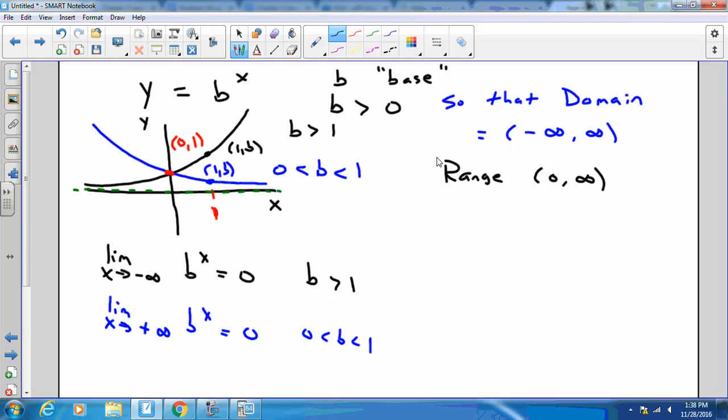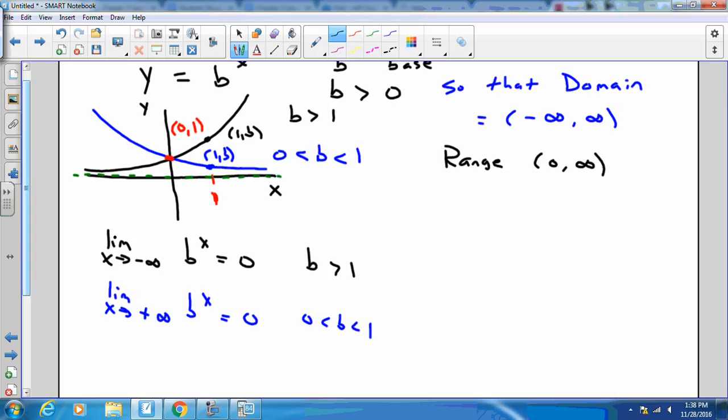It doesn't include 0. Yes, the limit is 0. So what that means is that b to the x is arbitrarily close to 0 for x's that are sufficiently negative. But it is never 0. And that's reflected in the fact that our range is the open interval, 0 to infinity.